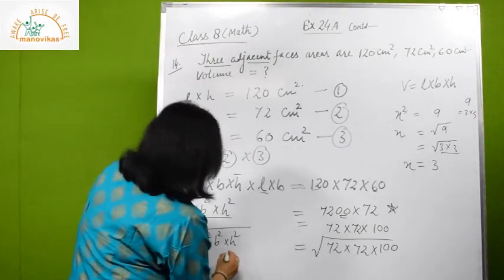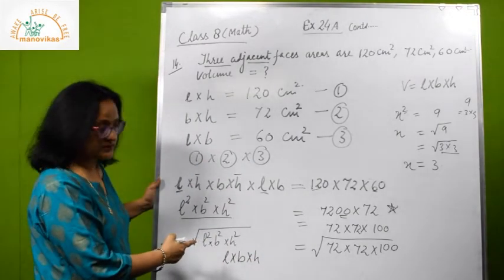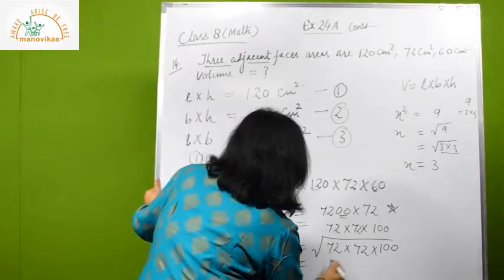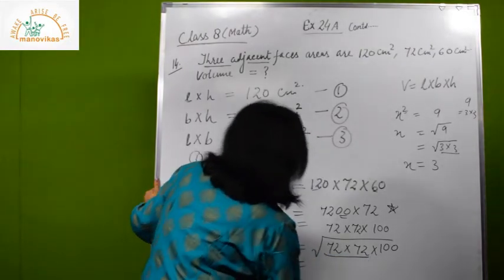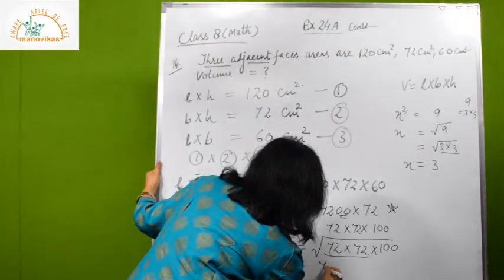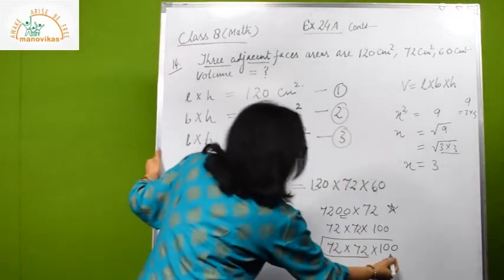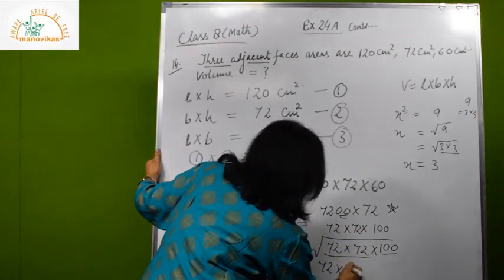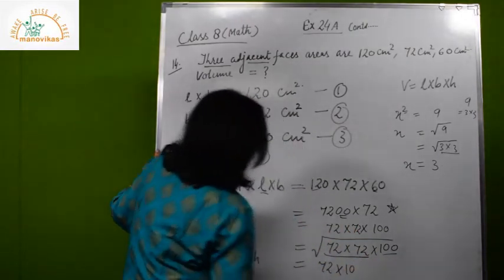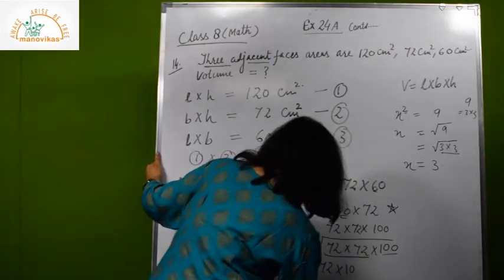So if we take the square root of this, it will be L into B into H. Single exponent. Okay. Now here you can see 72 into 72, a pair. So from the pair, if you take single, it will come out of the square root notation. And square root of 100 is 10. 10 tens are 100.